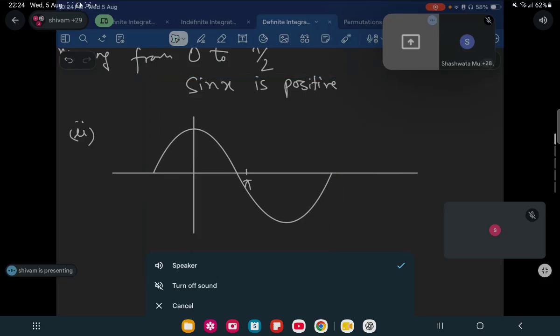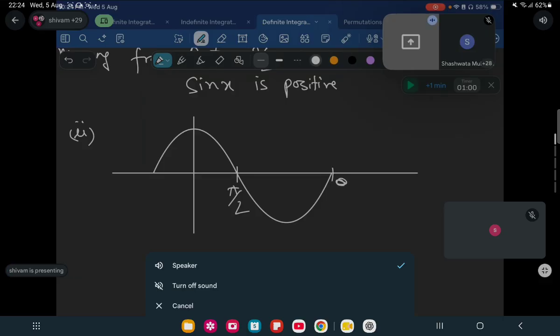This is pi by 2, this is 3 pi by 2. Are you people able to see? The whole curve is below the x-axis. So see, the whole area is negative. Anyone having any doubt, you can ask me now.